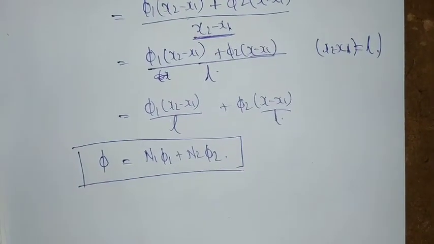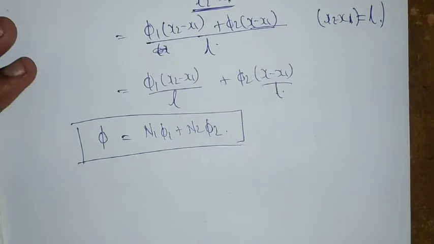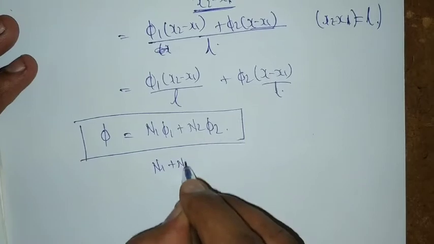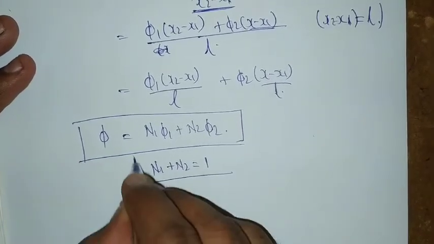So like this the shape function we have to derive. So for the one-dimensional bar element, the shape functions satisfy N1 plus N2 is equal to 1.